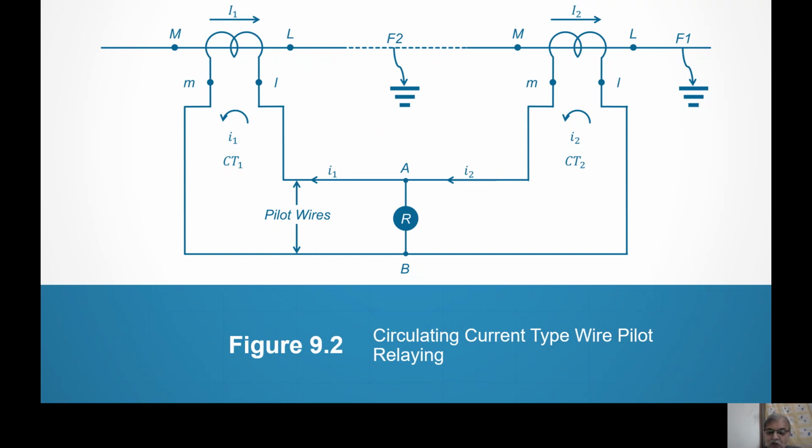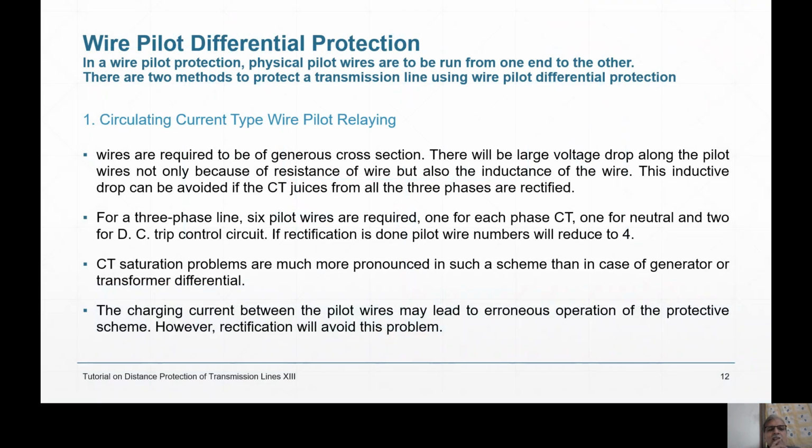Our purpose is served, but you can see that it has many disadvantages. Wires are required to be of generous cross section. Say it is a 100 by 5 ampere CT or 1000 by 5 ampere CT, then the wire should be able to carry 5 ampere and it should not develop resistance. Resistance should be negligible.